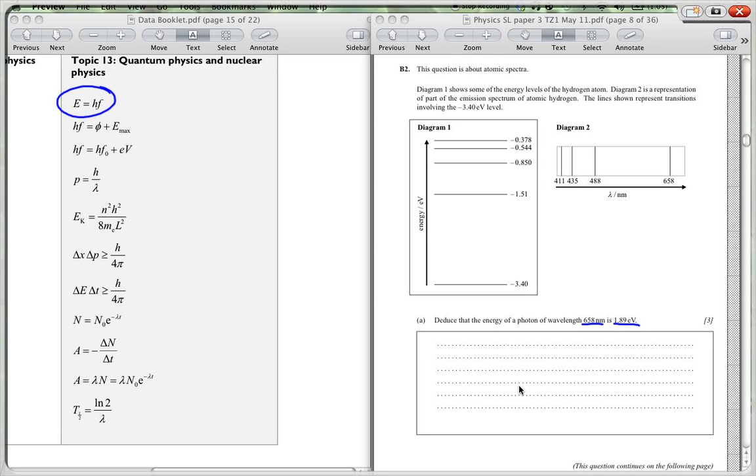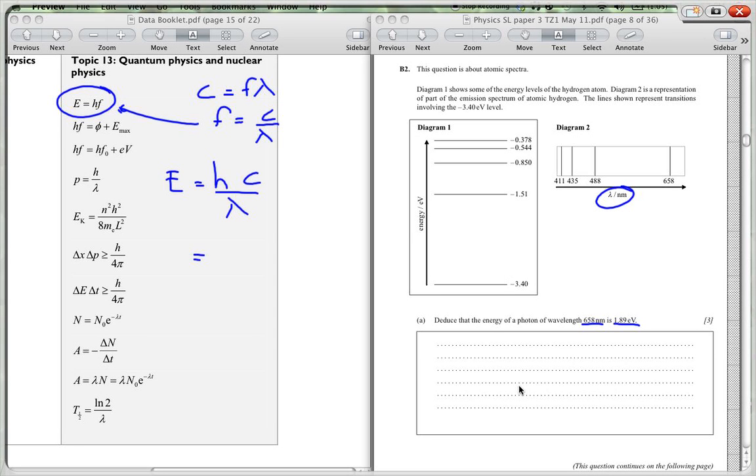We also need to use our formula that c is equal to frequency times wavelength, because we are given wavelengths, so we need to use wavelength. Frequency is equal to the speed of light divided by lambda, and so I can put that into this equation and I get E is equal to hc over lambda. So we're going to use that.